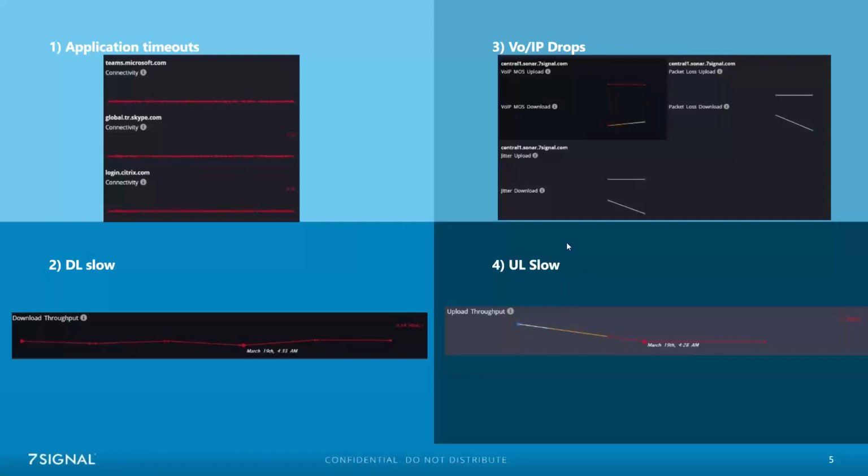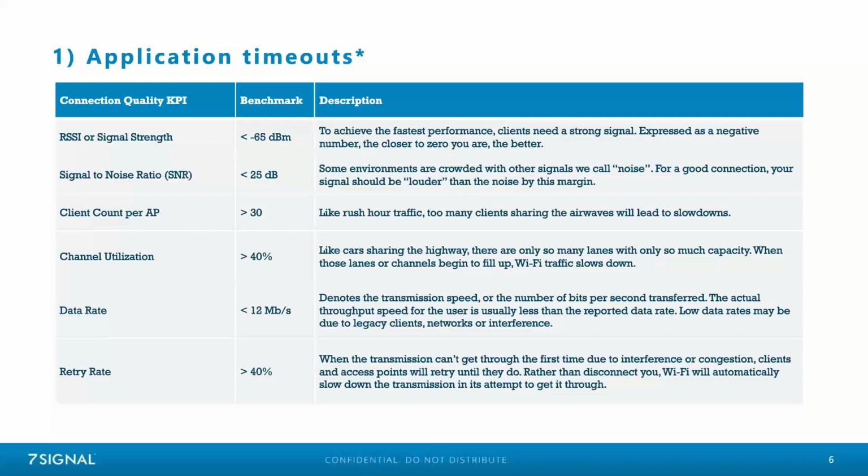Now, we're looking at not just a Wi-Fi problem, but is this a Wi-Fi problem because there's too many wireless clients? So these are the main four that will pop up. There are others, but let's talk about what a Wi-Fi environment should actually look like in best practices.